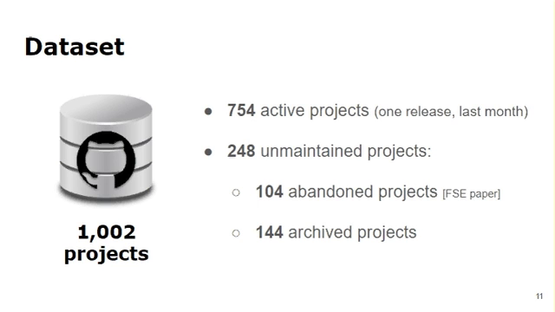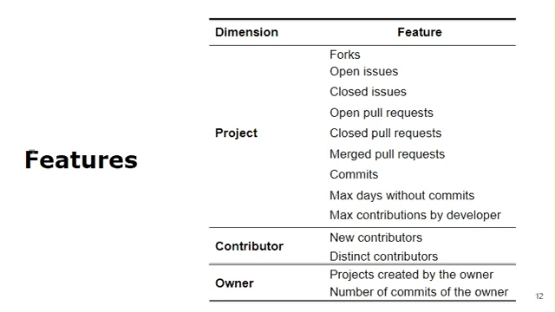This dataset is composed of 754 active projects that had one release last month when we collected the dataset, and 248 unmaintained projects, composed of 104 abandoned projects published in the FSE paper and 144 archived projects. Finally, we use the Hunt-Force algorithm.